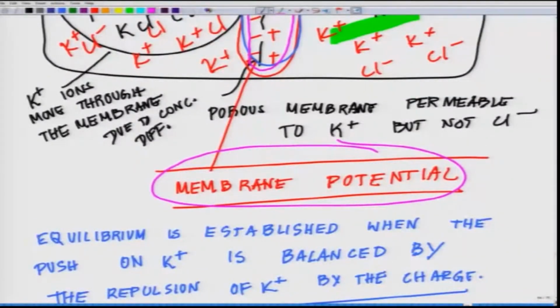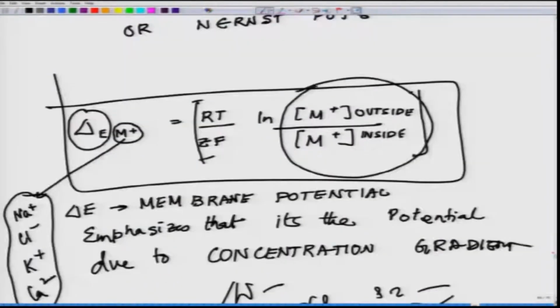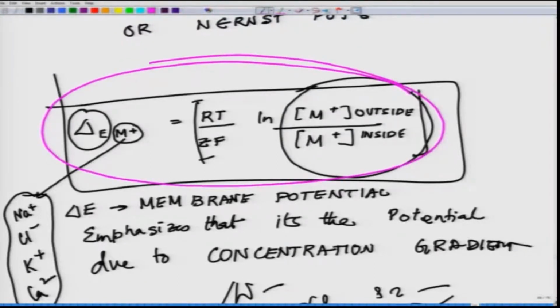Now, if that holds true, using exactly the same situation, we are almost getting there, and we draw this expression where delta E is your membrane potential. We talked about any ion, it could be sodium, it could be chloride, it could be potassium, it could be calcium.